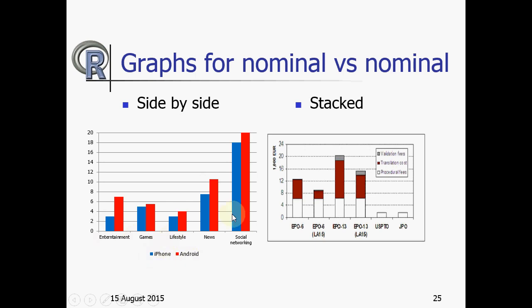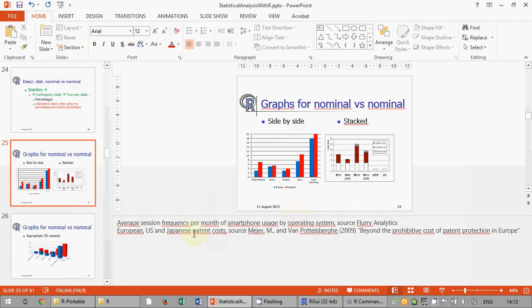You can also have them stacked. Same thing, but you take the red bar and you put it above. Stacked has the advantage that you can get an idea of the sum. In this case the sum may not be interesting, but here it's the cost of patents: European, US, and Japanese patent costs.